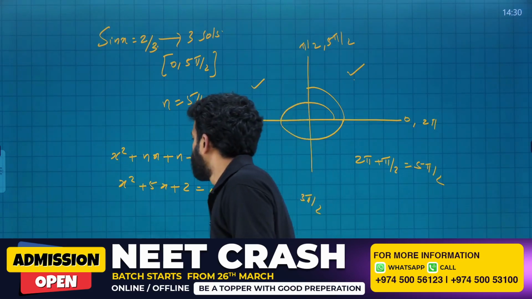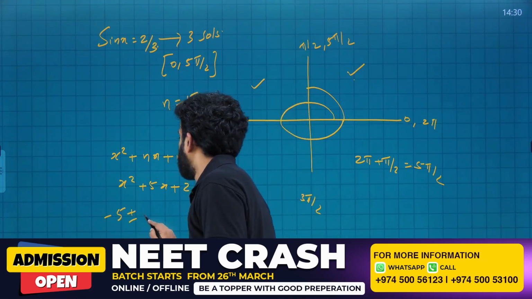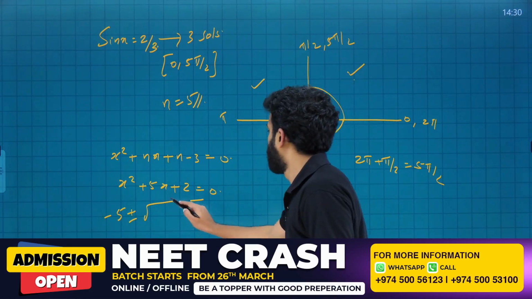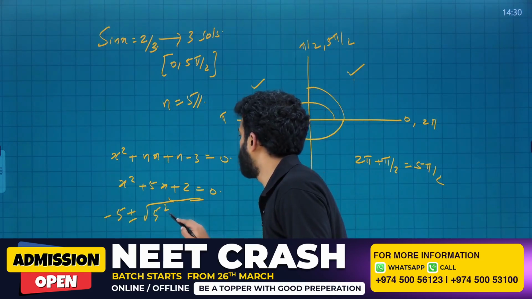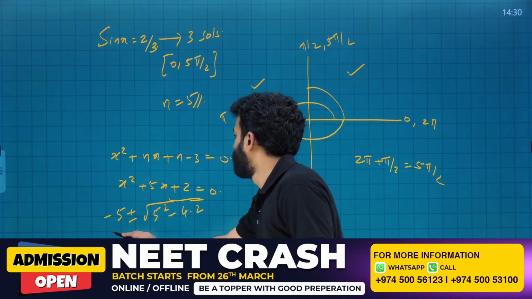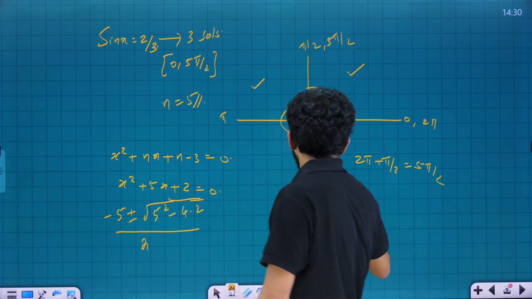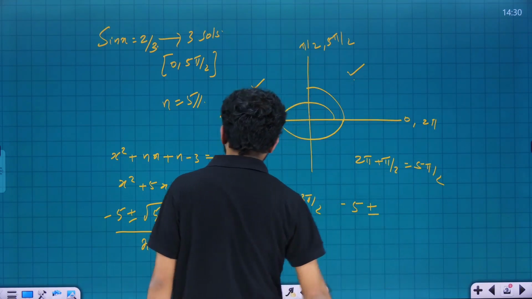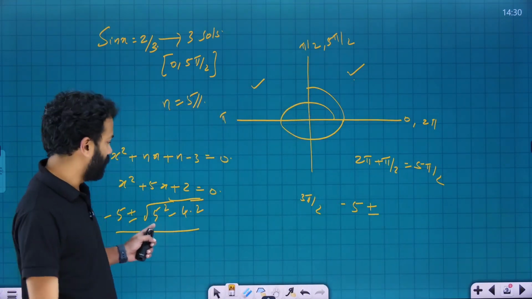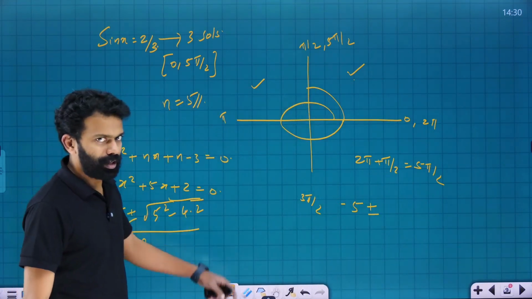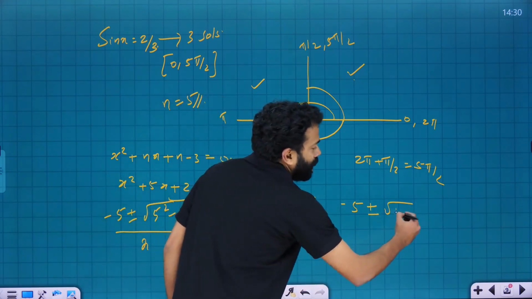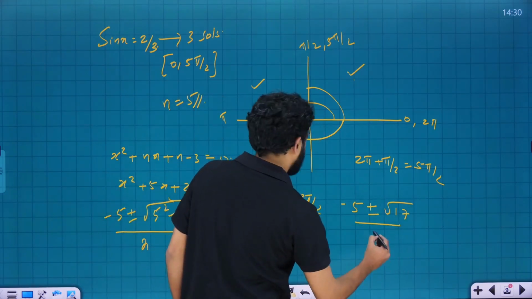Using the formula, that is negative 5 plus or minus root of 5 square minus 4 into 2, divided by 2. Okay, and that becomes negative 5 plus or minus root, what is 5 square? 25. And what is 25 minus 8? 17. 17 divided by 2.